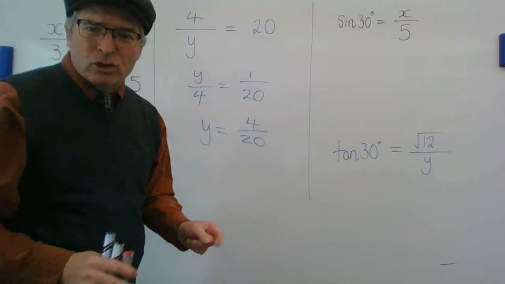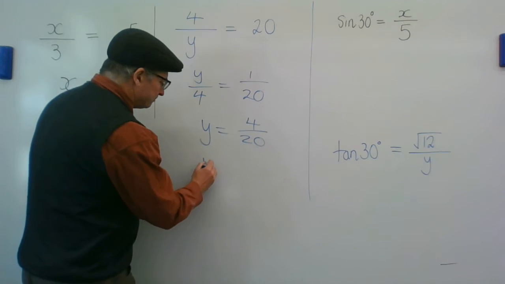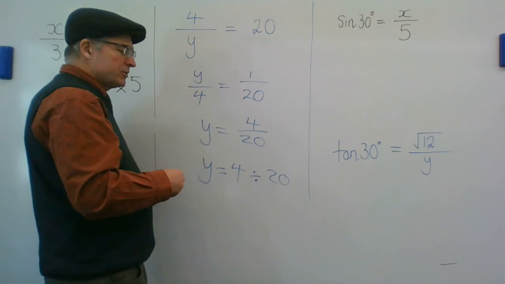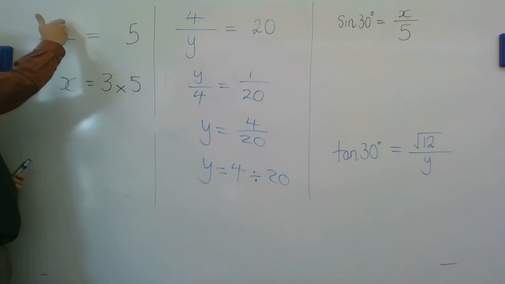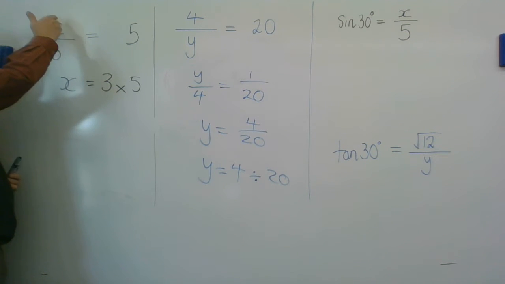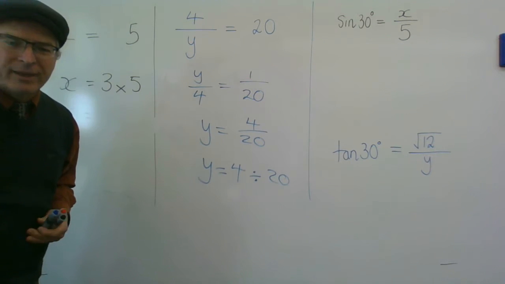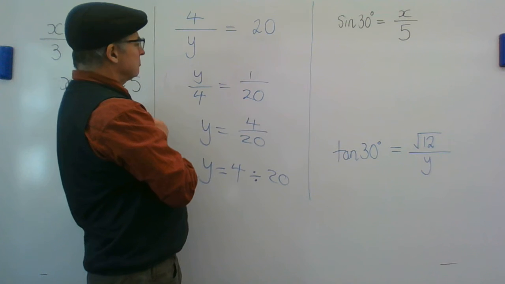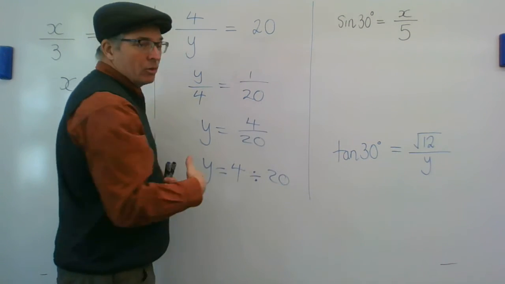And the answer is 0.2, but that doesn't worry me so much. What I'm noticing is that I get 4 divided by 20. So over here, with x on top of the fraction, I end up multiplying by whatever's on the right-hand side. And if the pronumeral's on the bottom of the fraction, then I end up dividing by whatever's on the right-hand side.